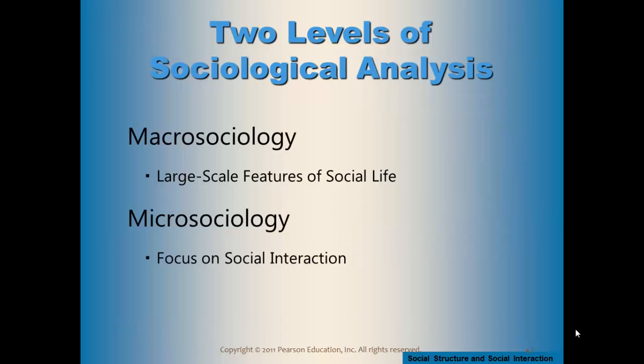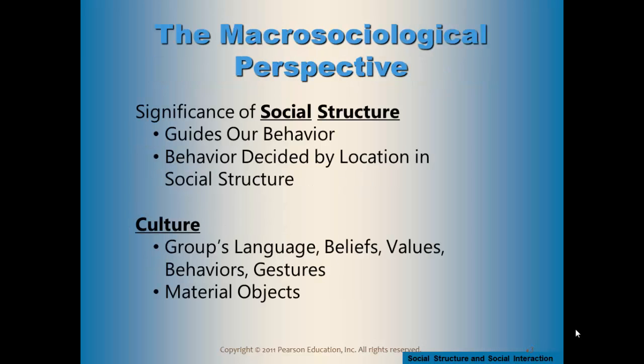So again, large scale versus social interaction, the different levels of analysis in sociology, macro or micro. We first begin by looking at macrosociology and different features of the macrosociological perspective.